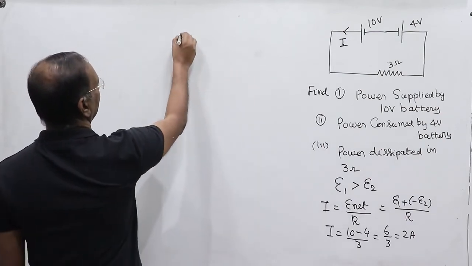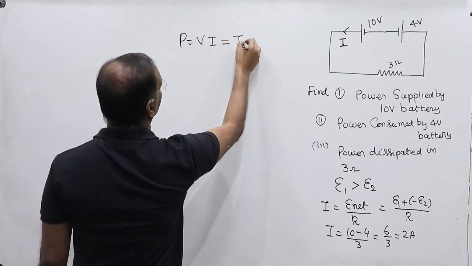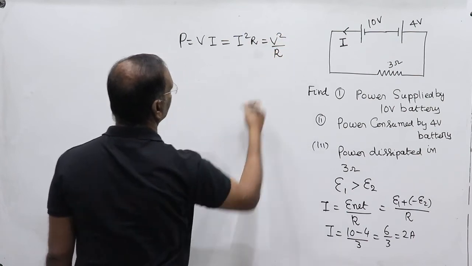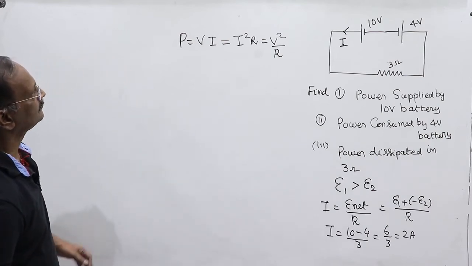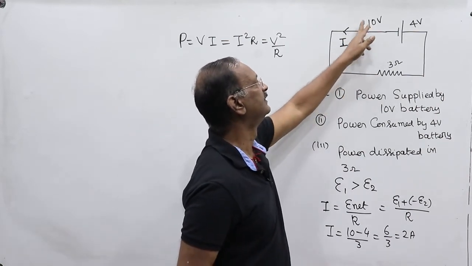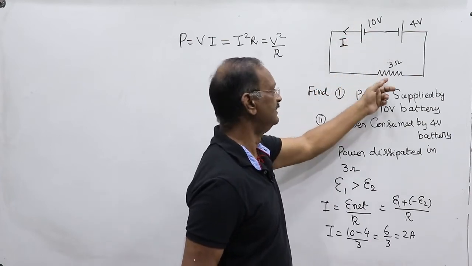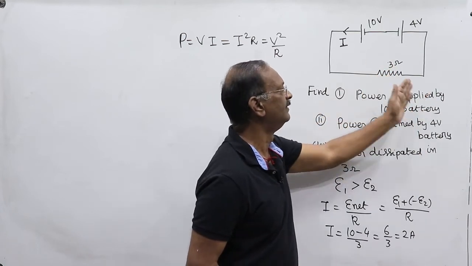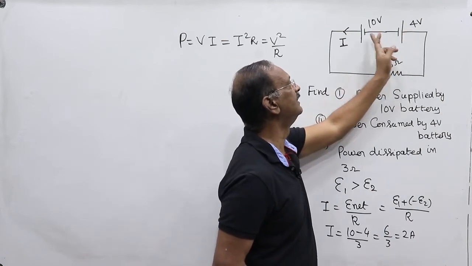We know power is equal to voltage into current, or I square R, or any form depending upon our convenience and the data given. So this one gives current in this direction. This is supplying the power, and this is consuming it in the form of heat dissipation. Heat dissipation means heat is evolving through the resistance, and this also consumes power.